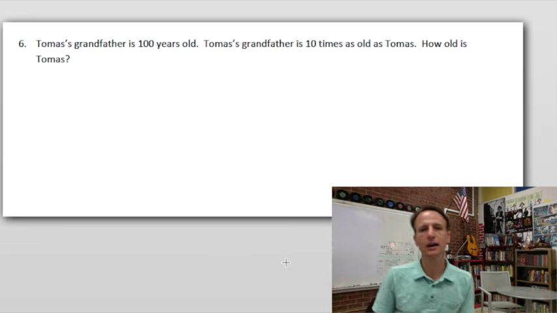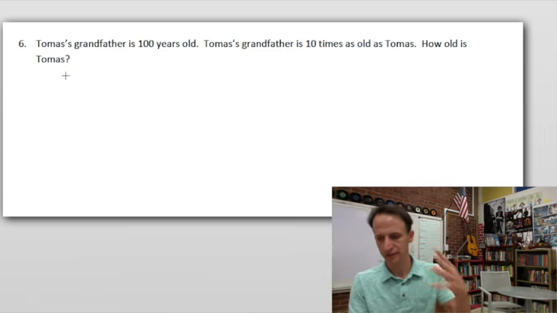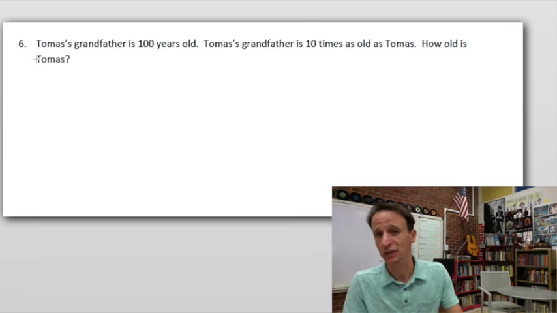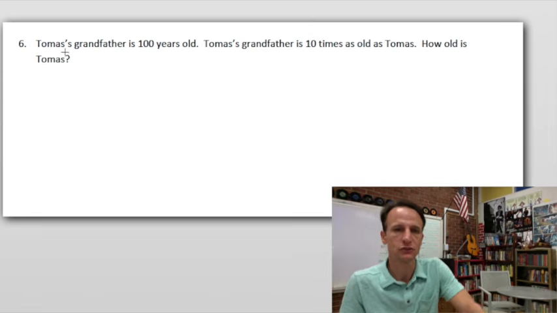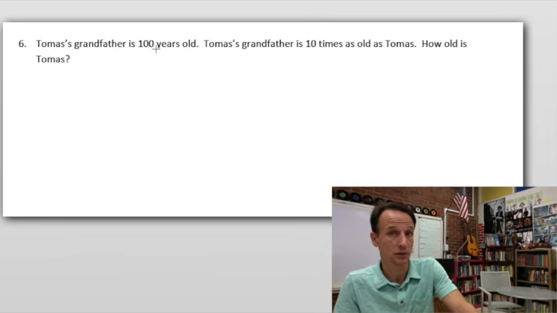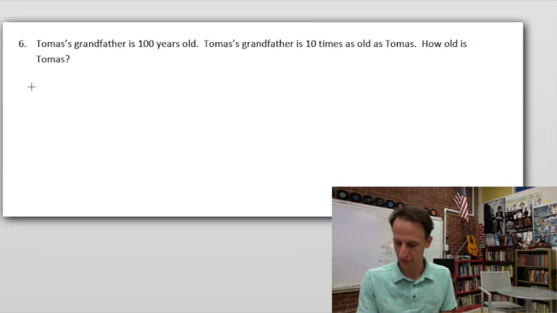Alrighty then, here we are with number 6, and you'll see that this just pulls it all together. A nice way to finish off. We don't even have to draw a place value chart to get this one. So whew, breathe a sigh of relief. Tomas's grandfather is 100 years old. Impressive. Tomas's grandfather is 10 times as old as Tomas. How old is Tomas? Well, think about it.